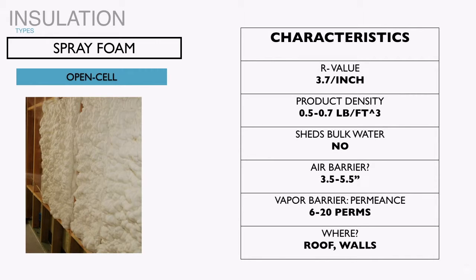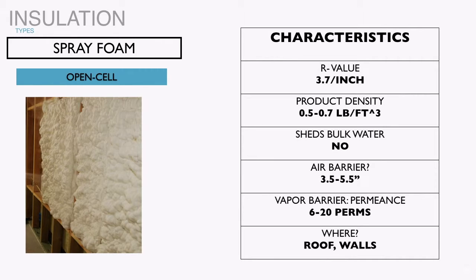It's a density material property. It will not shed bulk water. It will take on water if it's exposed to it, and it will hold it even. It will function as an air barrier, however, again, depending upon the installation and the quality of the installation, and it can start functioning as an air barrier in the range of 3.5 to 5.5 inches.